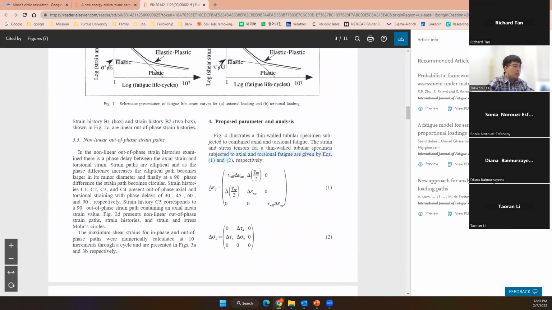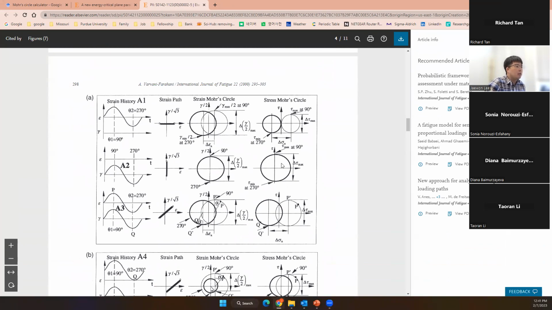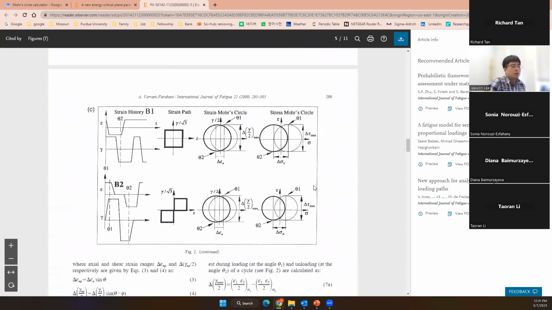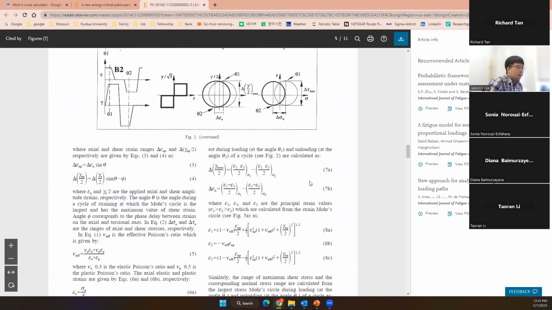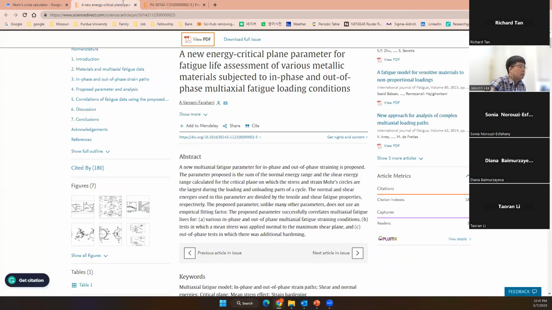They provide the kinds of metrics of stress and strain. Then they calculated the Mohr circles, strain Mohr circle and stress Mohr circle. So this is one of the good examples.